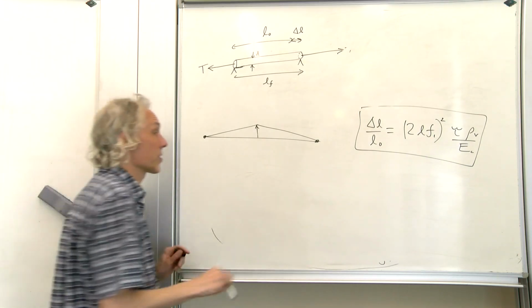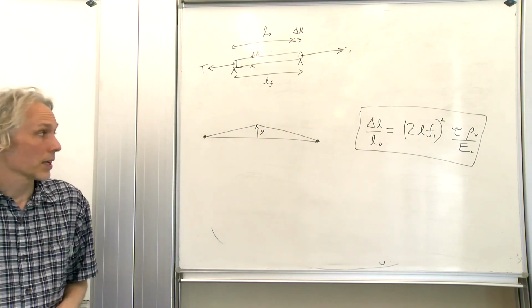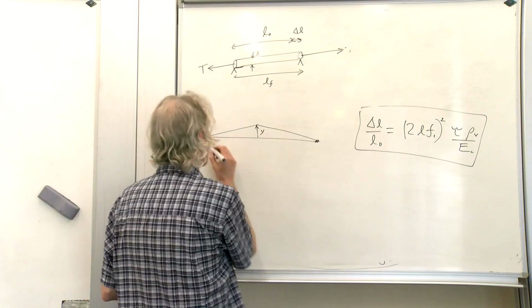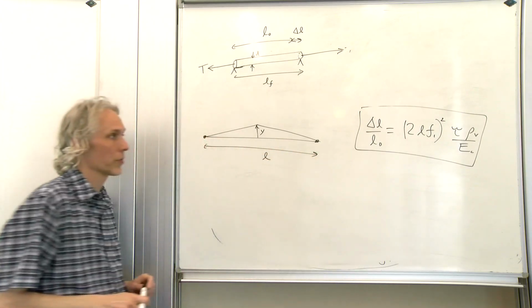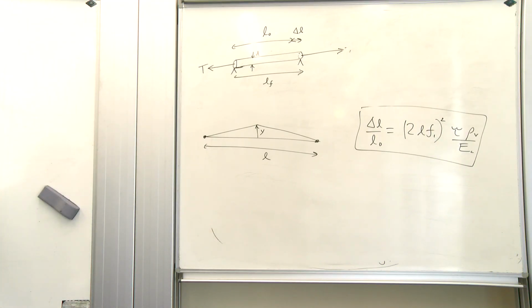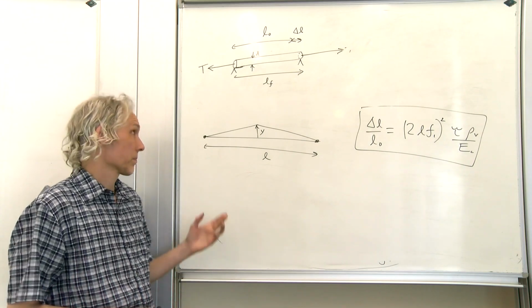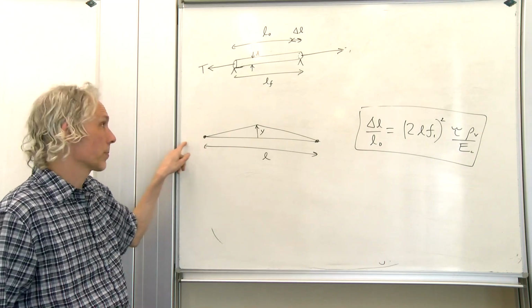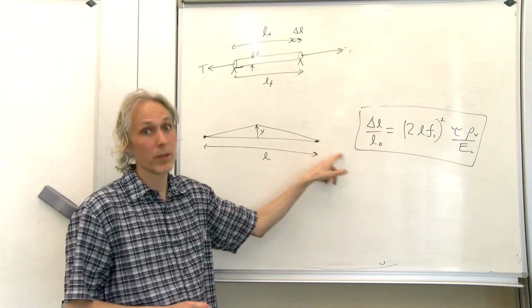So let's call this distance y, and let's call this distance along here L, as before. Now, what we're doing there, we have made the string longer basically, and we're going to ignore for the moment the bit of string behind the saddle and the bit of string behind the nut.